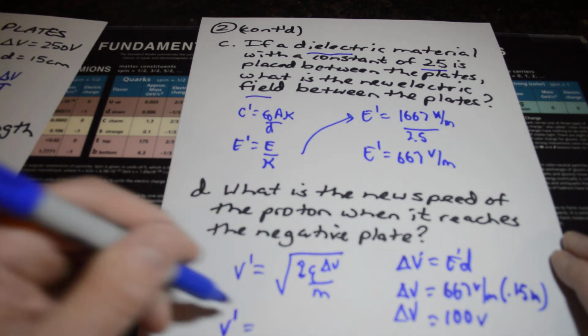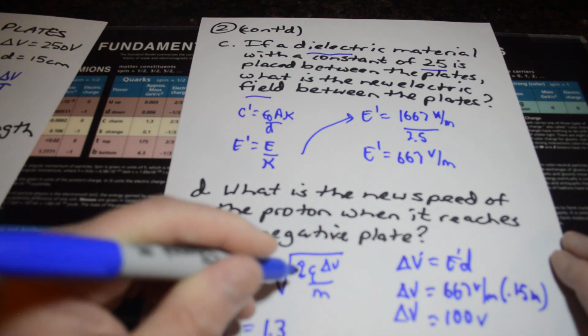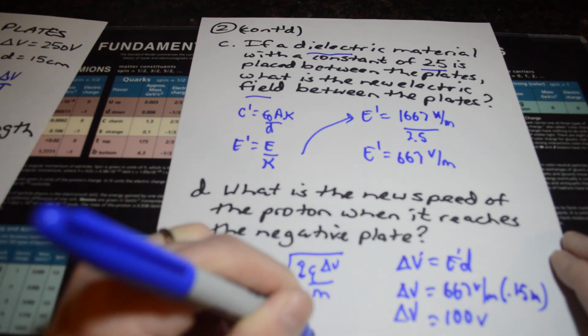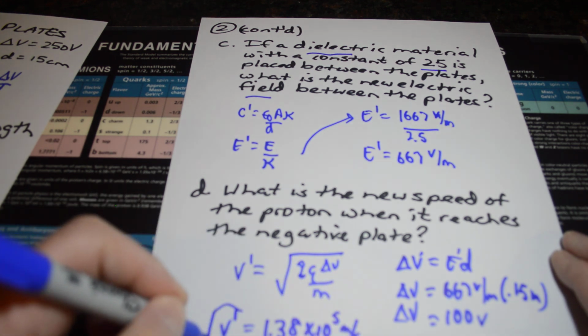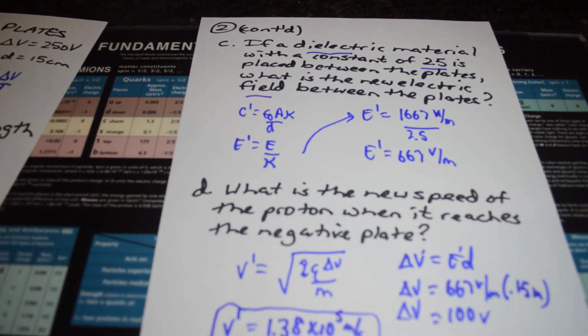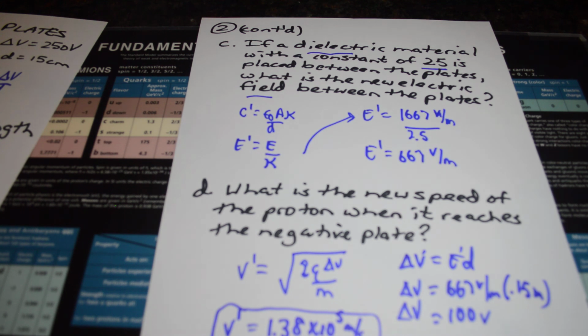If you do that, I think it has reduced the velocity down to 1.38 times 10 to the 5th meters per second. I would advise you to go through these calculations and see if you get the same answers that I do.